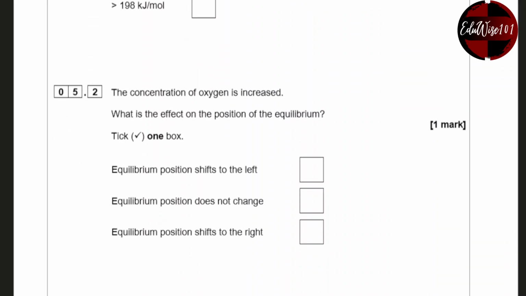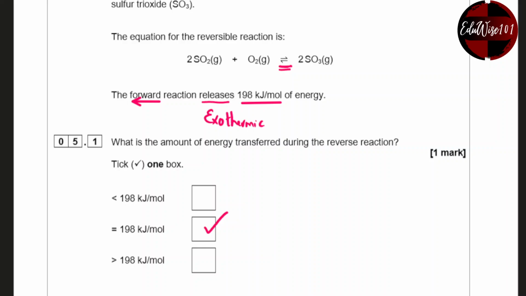5.2. The concentration of oxygen is increased. What is the effect on the position of the equilibrium? So let's have a look at the equation again. If you increase the amount of oxygen, according to the equation, 2 moles of sulfur dioxide react with 1 mole of oxygen to form 2 moles of sulfur trioxide.